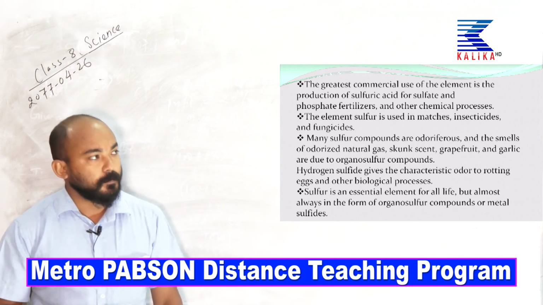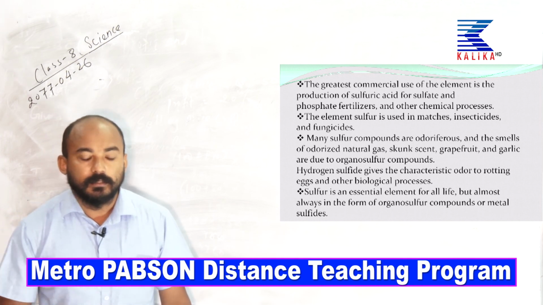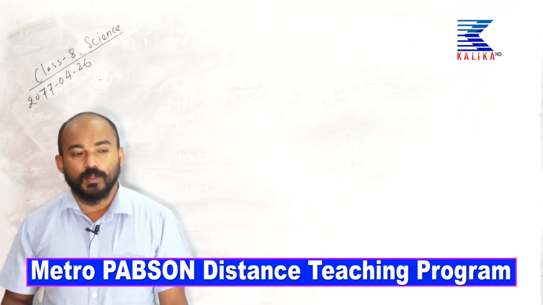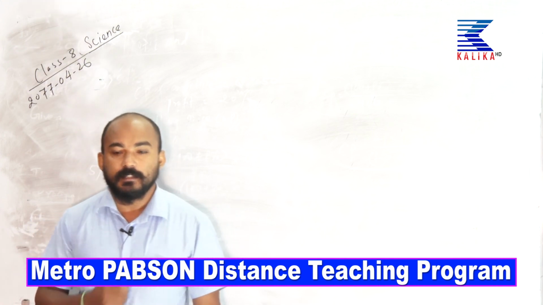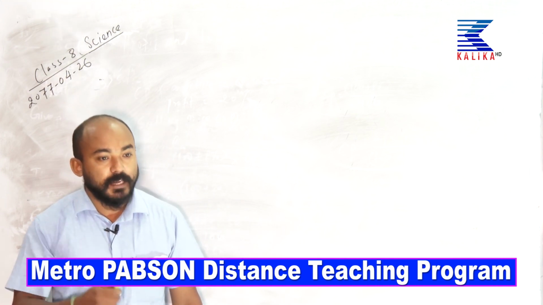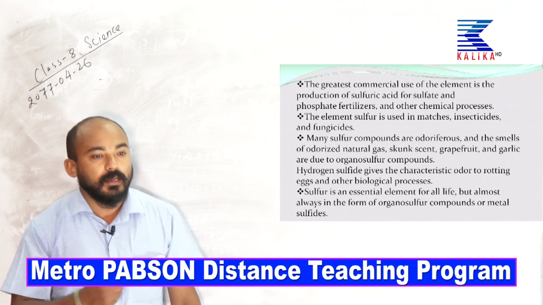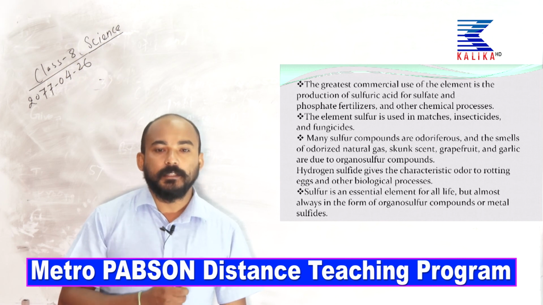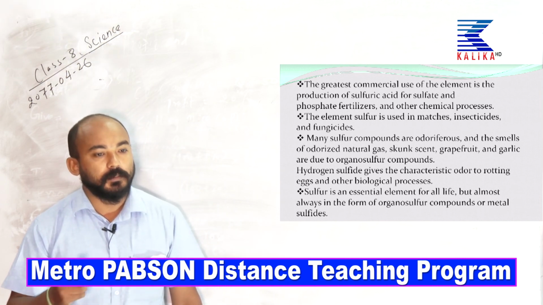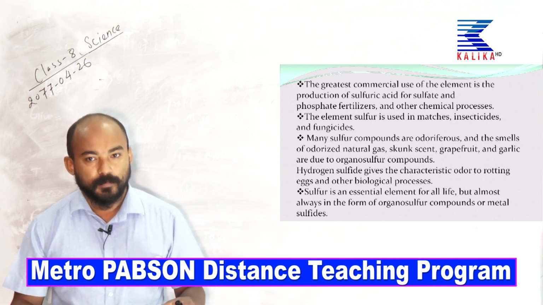In this chapter we discussed metals, non-metals and metalloids. Students, I am very sure that after finishing this chapter you are well acquainted with metals, metalloids and non-metals. In the modern periodic table, metals, metalloids and non-metals are separated.